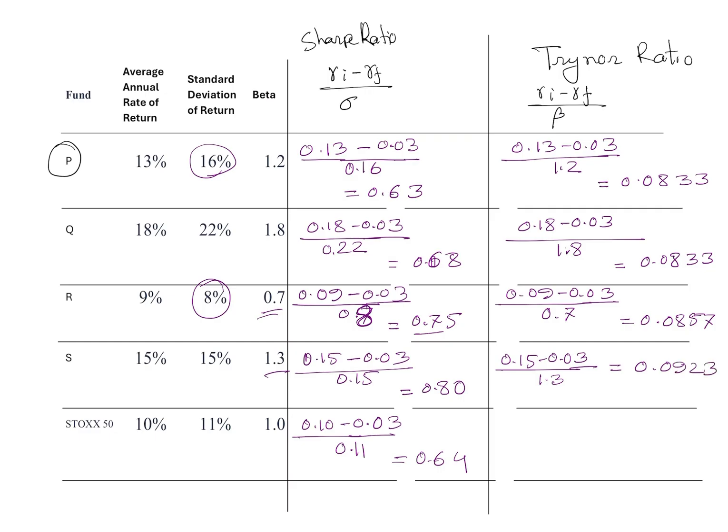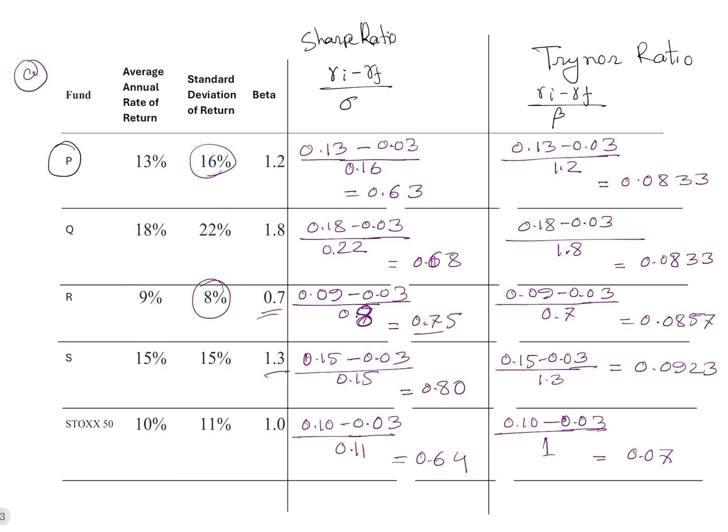Same for the Euro Stocks 50: 10 minus 3, and this beta is always 1, which is 0.07. So we calculated part A, which asks us to calculate the Sharpe and Treynor ratio.